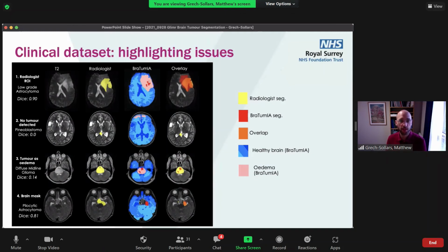Essentially, we're putting in so many technical processing steps that we eliminate the information that we need. So we really do need to start minimizing our processing steps and having quality control checks within the different processes that we do. And these are all points to be aware of when doing any form of automated segmentation on a clinical data set.